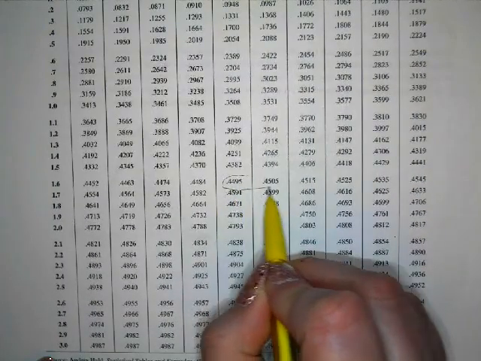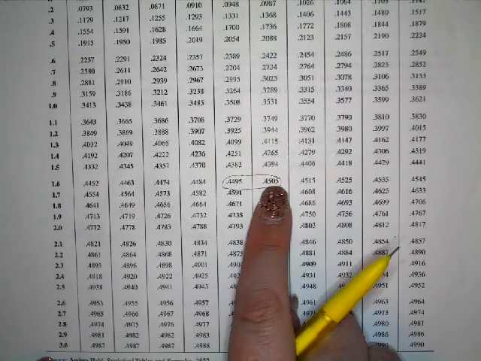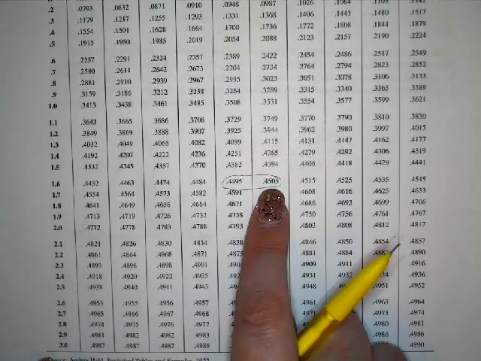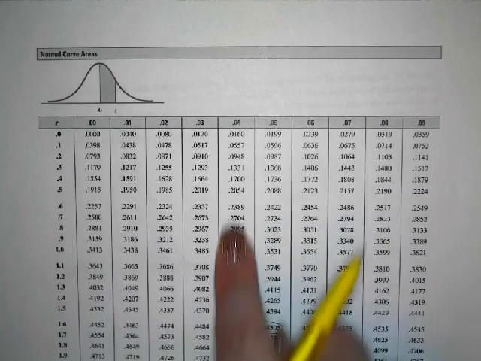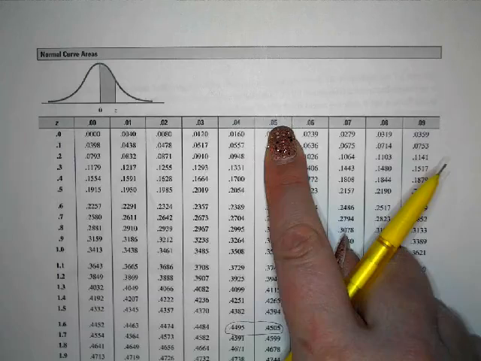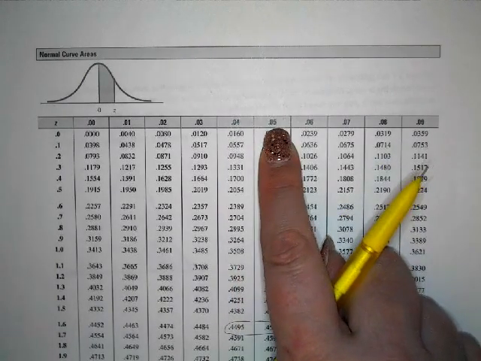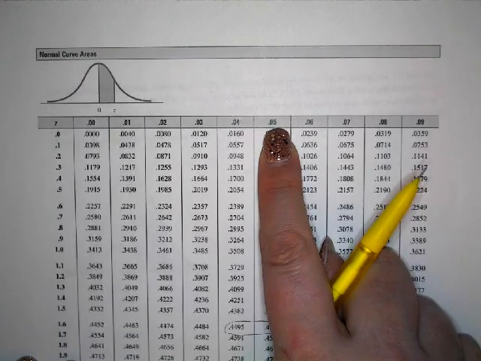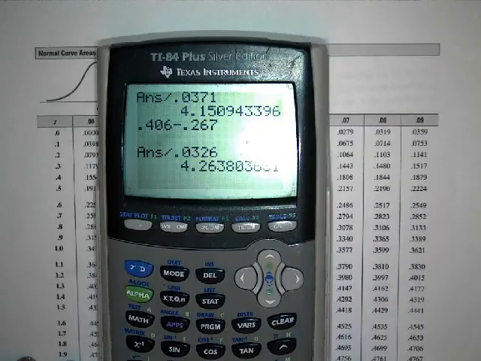So the z-score is 1.6. It's more than 1.64 and less than 1.65. So the number that would be exactly in between those is 1.645.